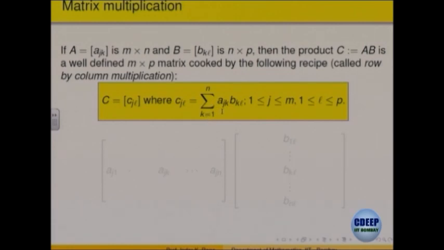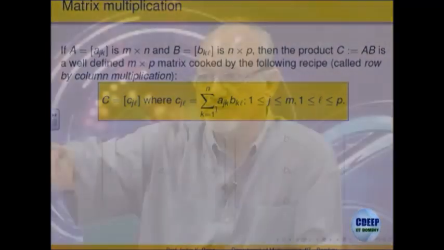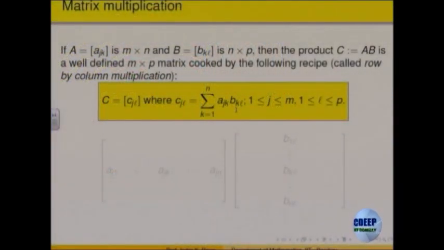What is changing here in A_jk when k varies? Jth row, kth column. So, you are taking the jth row entries, right. And what is B_kl? l is fixed, k is varying. So, that is the lth column.